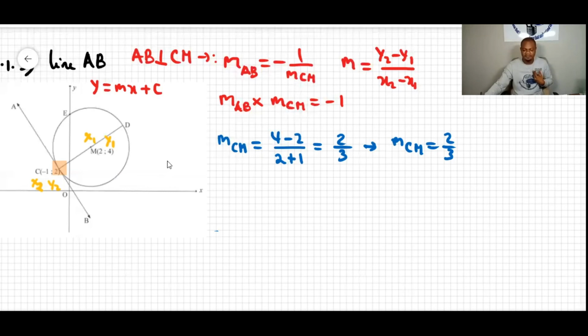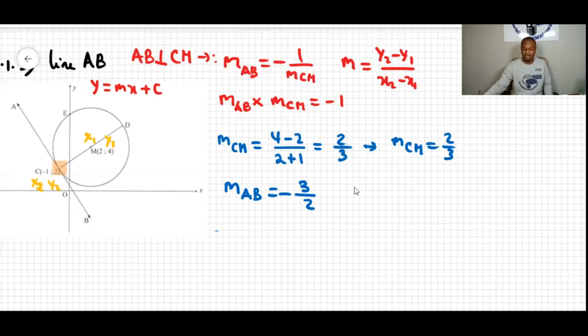If I need to find m_AB, the quickest way is to first reverse the fraction and then change the sign. So I will say 3 over 2 and then change the sign. It was positive over here, and I make it negative, and then I reverse the fraction. This is the equivalent of doing -1 over m_CM.